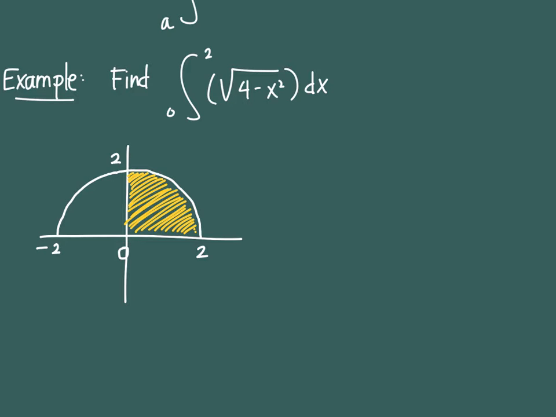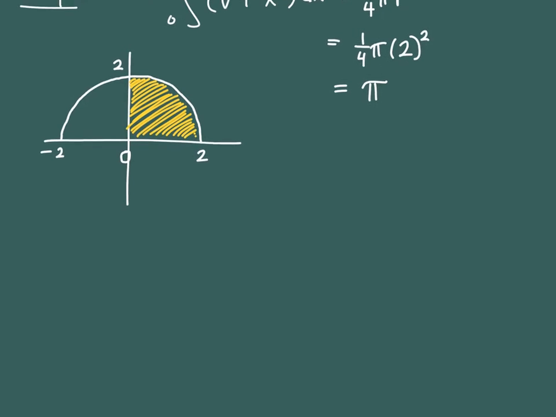You know that the answer to finding the value of that integral is going to be 1/4 of pi r squared. And so in this case, it would be 1/4 of pi times the radius of 2 squared, so the answer is simply pi. Think about it geometrically. Okay, next question.